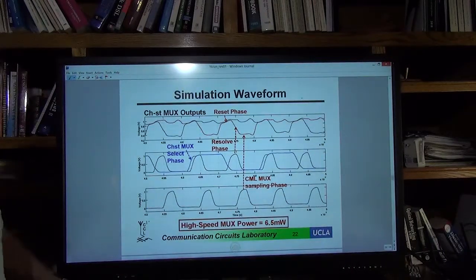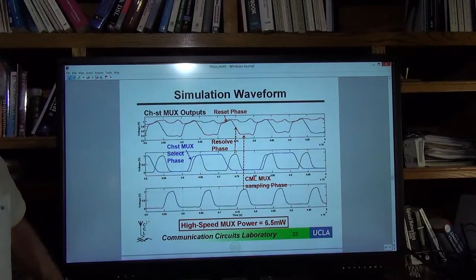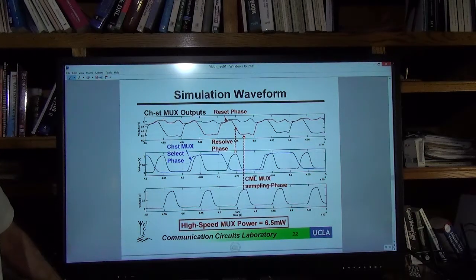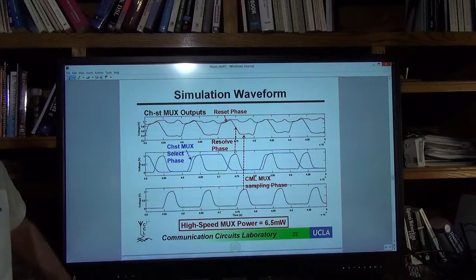So here are some waveforms. Depending on the objectives of the presentation, we have to ask ourselves, will people be able to follow what we are showing on the screen in a limited time?